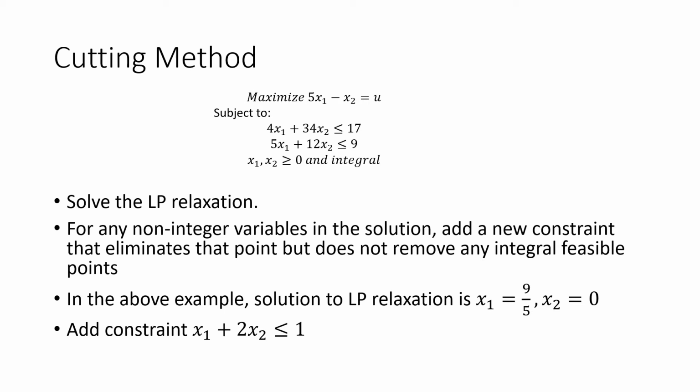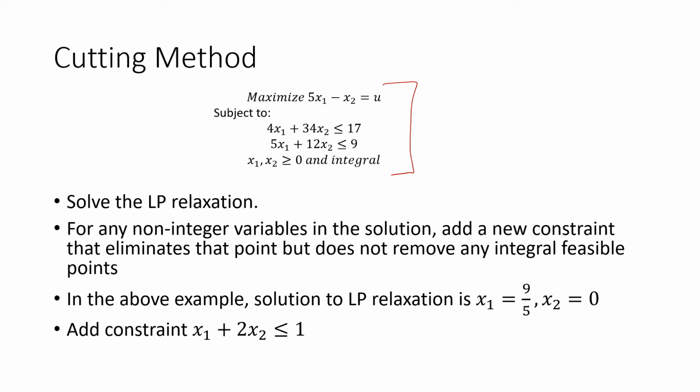The cutting method, you start with your linear program and you solve the LP relaxation. Most integer programs solutions say solve the LP relaxation and then change your original problem around. Okay, so that's what we're going to do here. We take our problem and we solve it. Then we're going to take a look and see what variables come up non-integers.